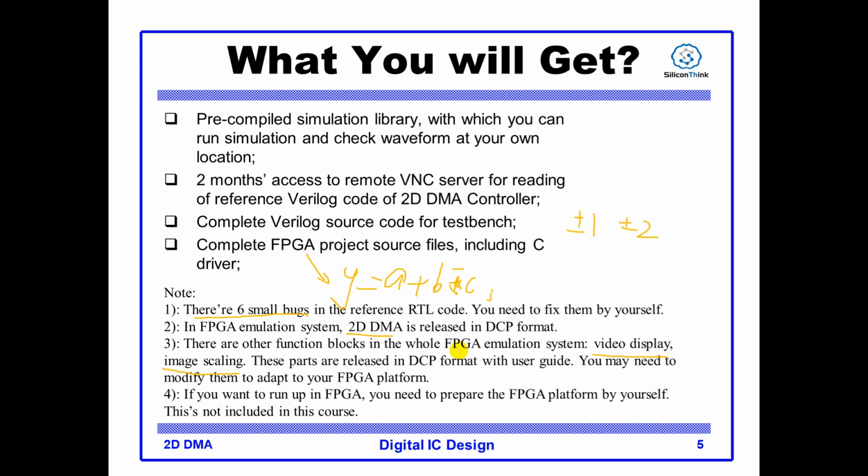These blocks are also released in DCP format with a user guide. So to run the game demo, you may need to modify them to adapt to your FPGA platform. For example, you may have a different LCD screen with a different resolution.